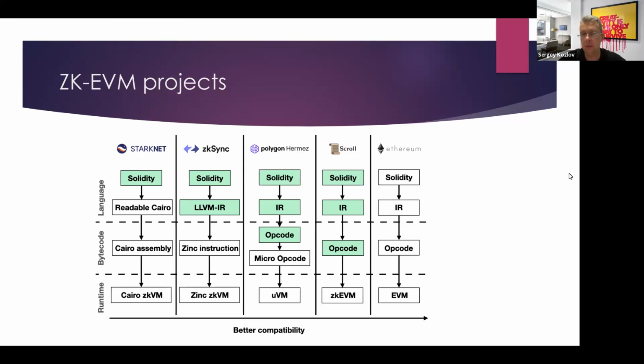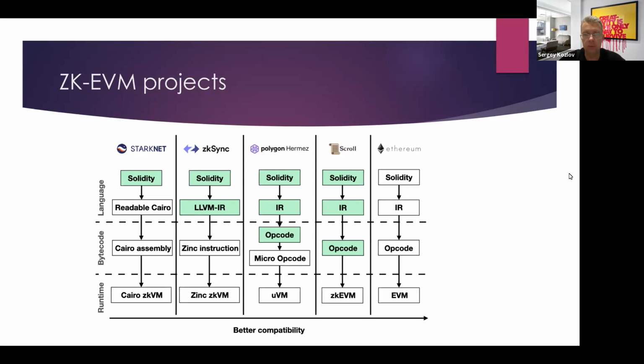If you know Cairo, you might write the programs directly in Cairo. For zkSync, it's also translated to a different language, and only after that it is compiled into bytecode, and only this completely different bytecode you deploy on your ZK-EVM virtual machine.